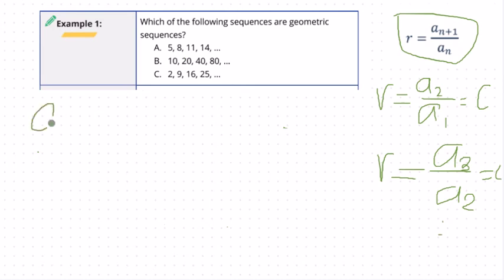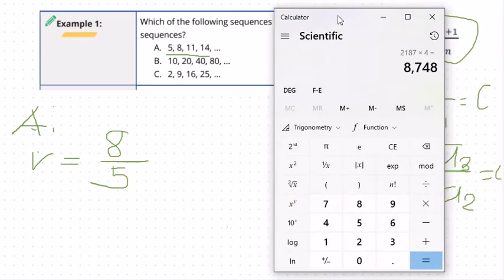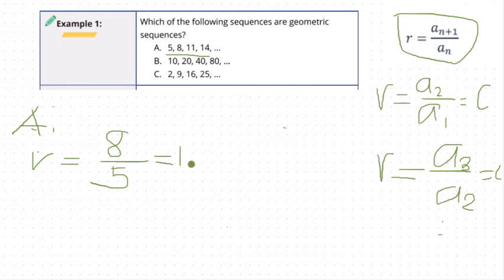Now let's try letter A. For letter A, the sequence is 5, 8, 11, and 14. If we apply the principle of the common ratio, we divide 8 by 5, and we get 1.6.